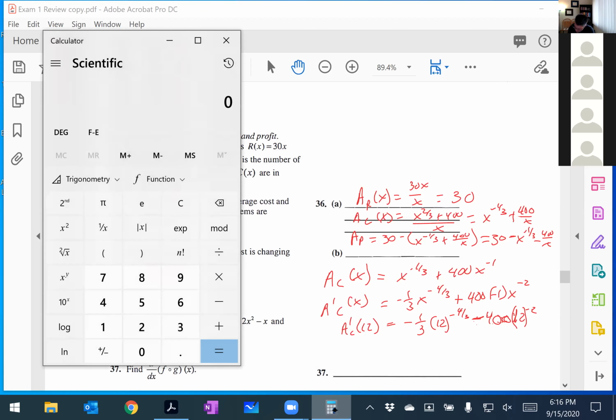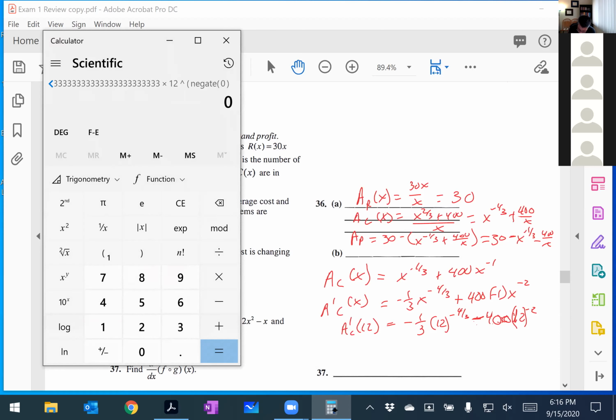So I have negative 1/3 times 12 raised to the negative 4/3. I'm going to put parentheses here.